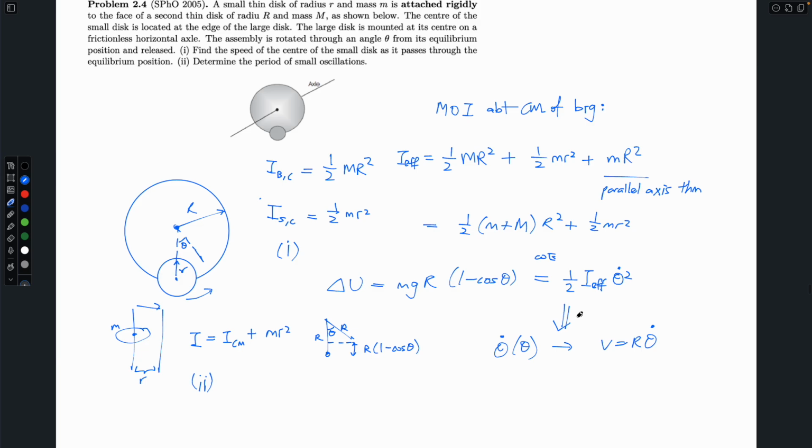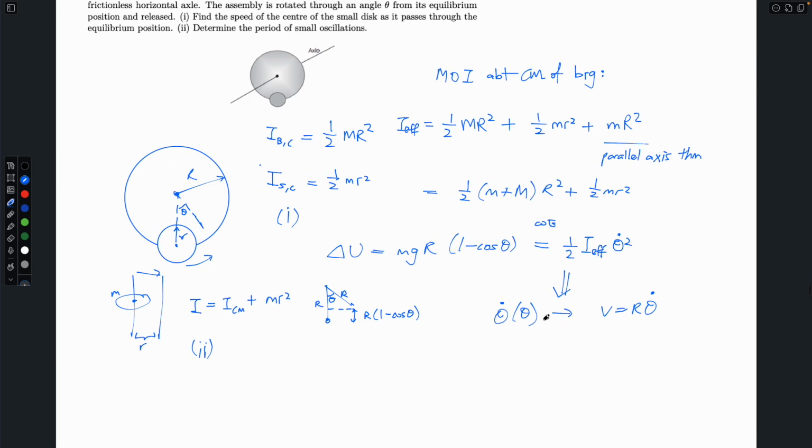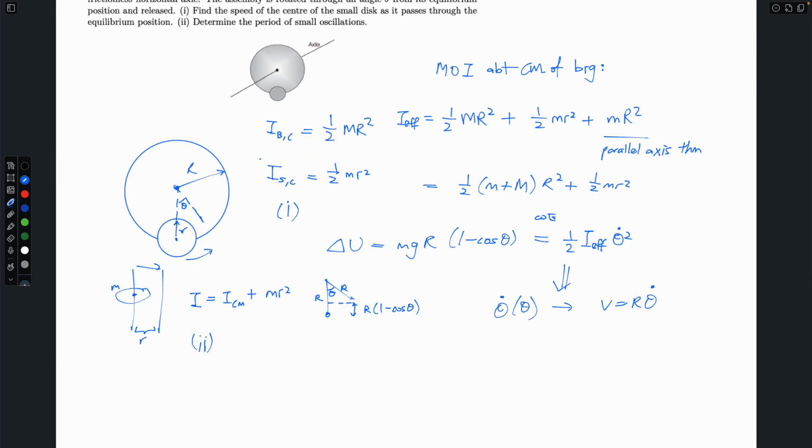Okay. Part two, period of small oscillations. So here is where we use our... wait, hang on. Oh yeah, thanks for pointing that out.